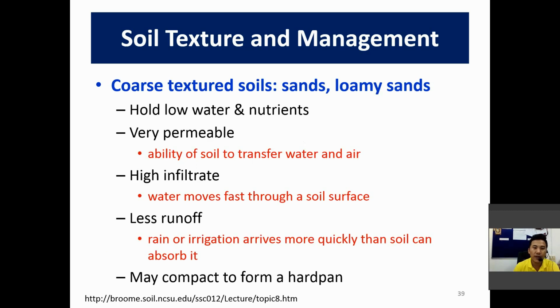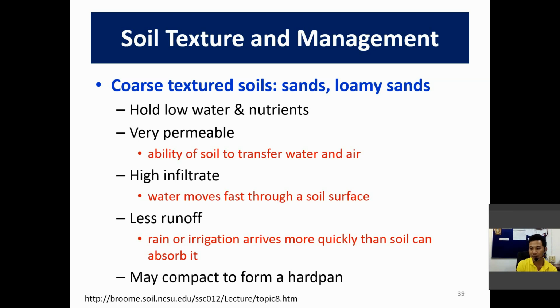When you have coarse texture soil like sand, loamy sand, something like this, you know that the limitation of this type of soil is low water and nutrient holding, of course, but the soil itself is very permeable. That means they have the ability to transfer water and air, so air flows very well in this case.